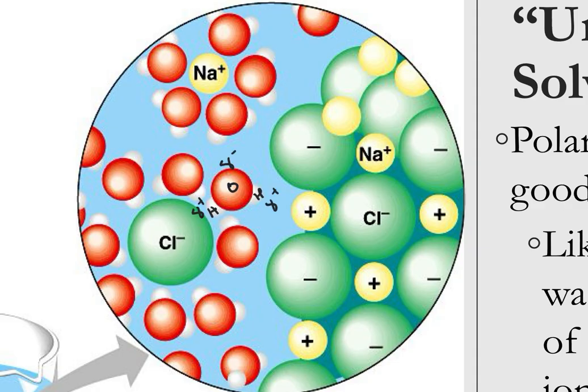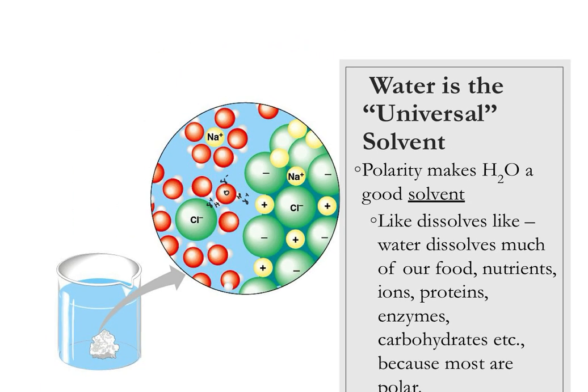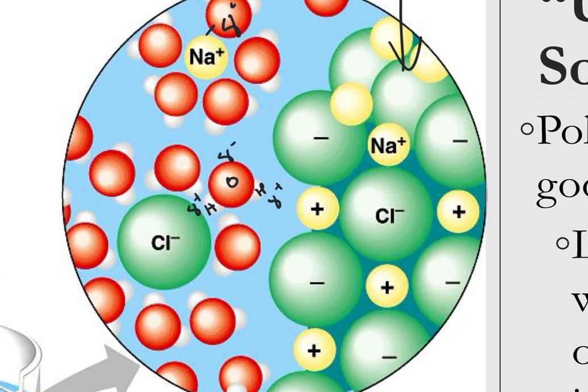So what ends up happening is that because of those slight charges, water is going to interact with anything that has an ionic bond. If you recognize this picture right here, you know this is salt. And salt water, for example, dissolves because the sodium atoms are attracted to the partial negative of the oxygen, and the chlorine, which has a negative charge, is attracted to the hydrogen.